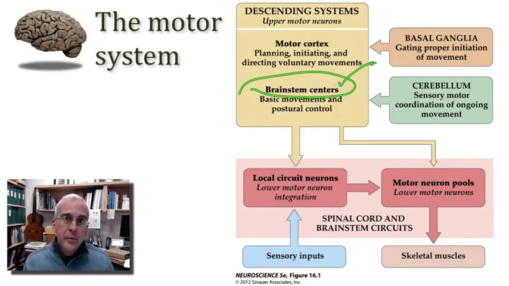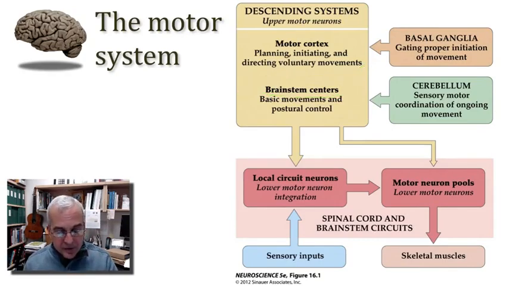So while I don't particularly think of these brainstem centers as expressing voluntary behavior, I do think of them as being essential for the expression of the skilled voluntary motor acts that we normally think about when we consider human movement.